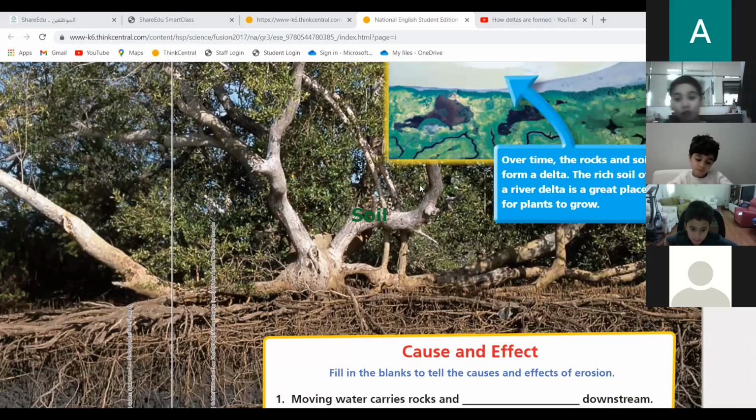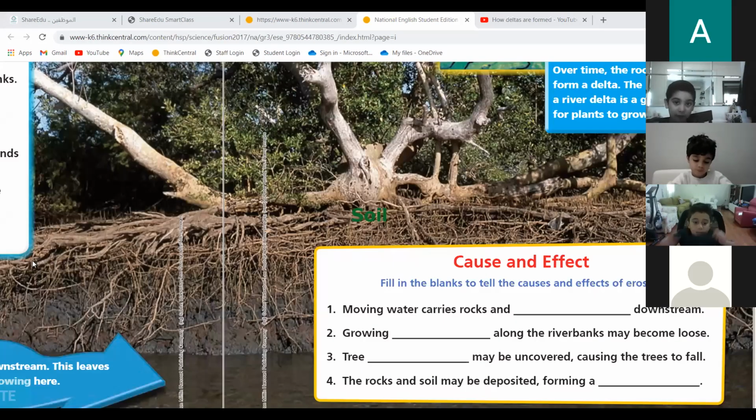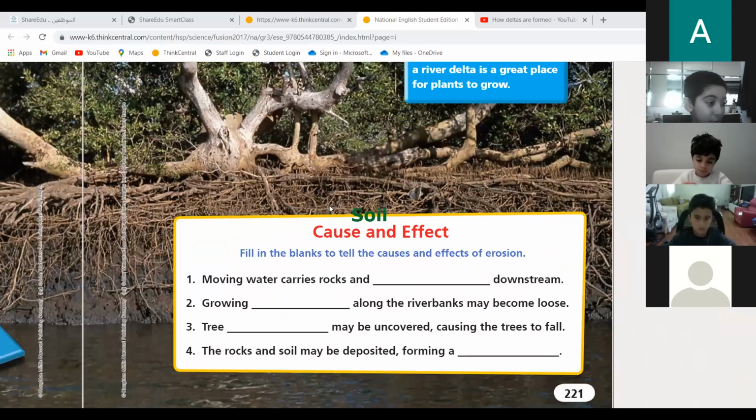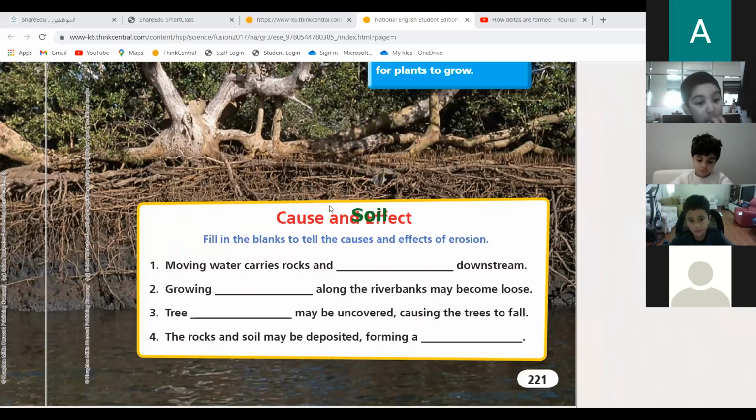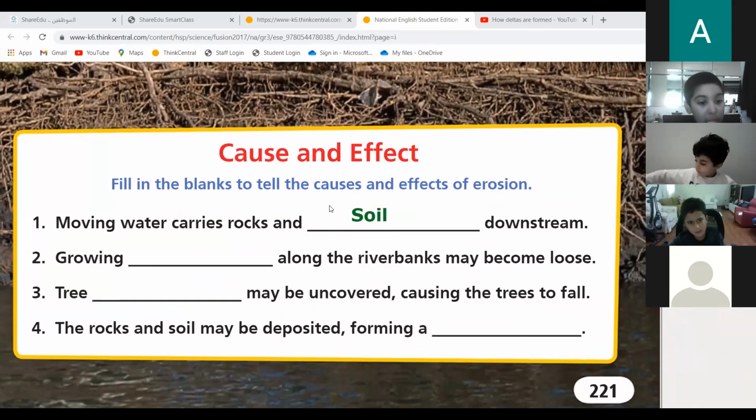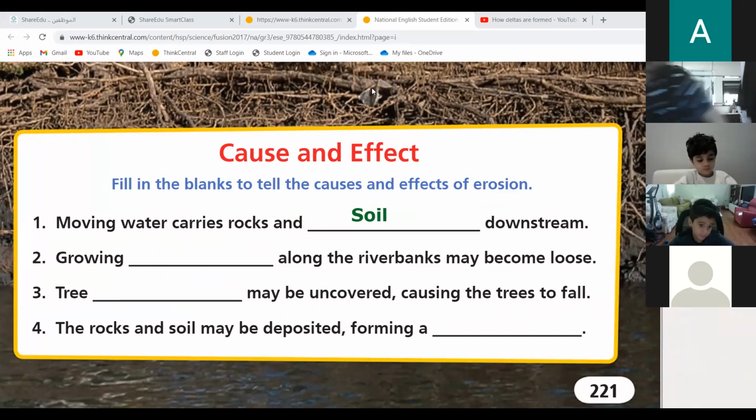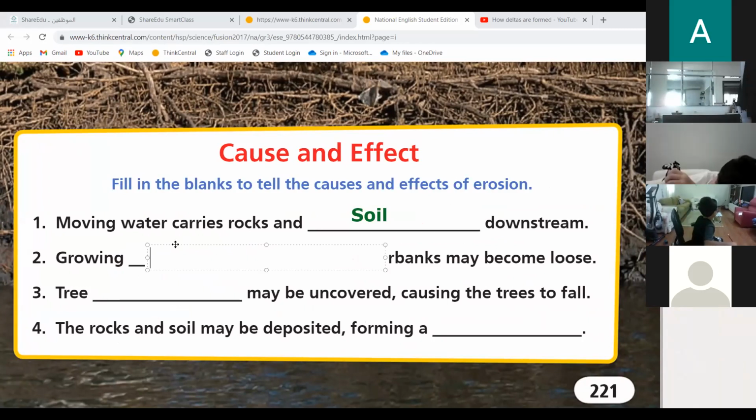What grows near the river bank? Trees, or roots, or plants. Excellent. Growing plants. All the plants who live near the river will become very loose. What do I mean by loose? Loose means they can fall easily anytime.